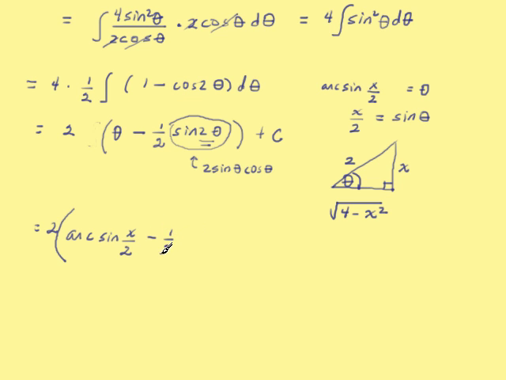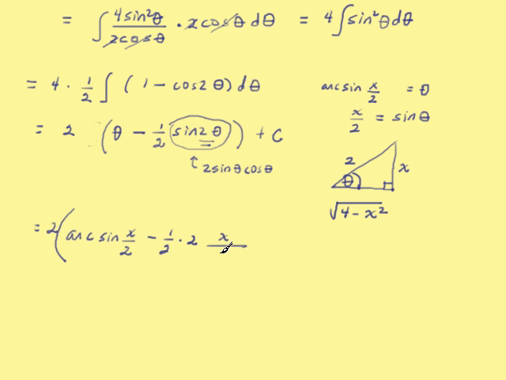Minus 1/2 times 2, okay, those will cancel. Sine theta x over square root 4 minus x squared. Sorry, that was tangent. Let me put in sine theta.